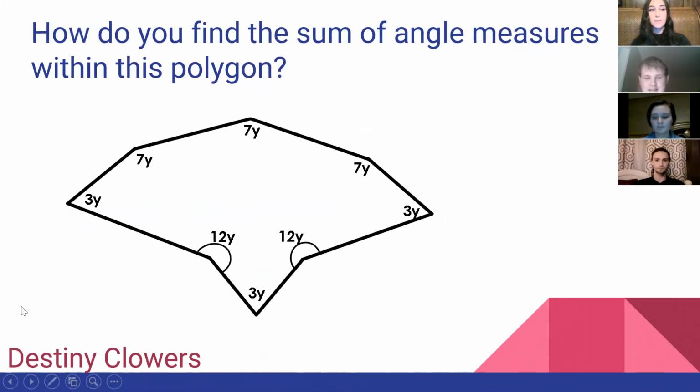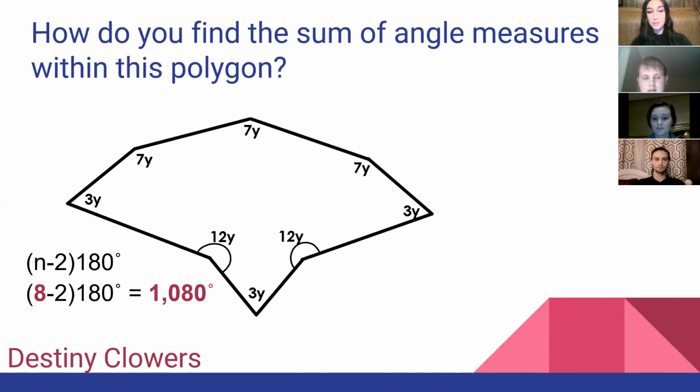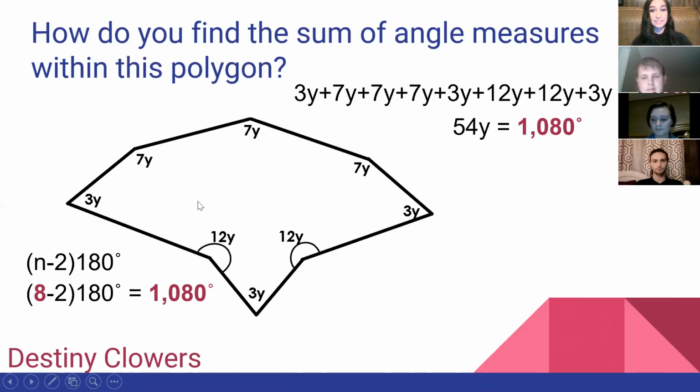So the sum of the measures of the interior angles of any polygon with n sides will be n minus 2 times 180, and n equals the number of sides you have in your polygon. So after you count these, we've got 1, 2, 3, 4, 5, 6, 7, 8.